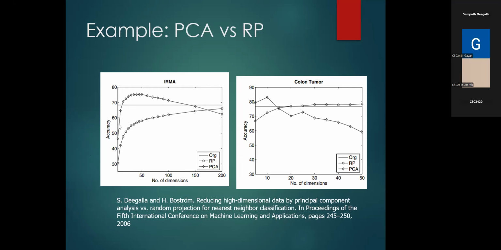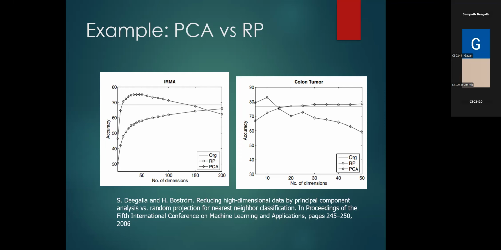Without any of the methods, what you saw is the original accuracy for the two data sets. We are getting maybe about 68% accuracy without any of these techniques, and here we are getting about 78% without any models. If you're interested, you can read on this. I have given you the link for the paper.